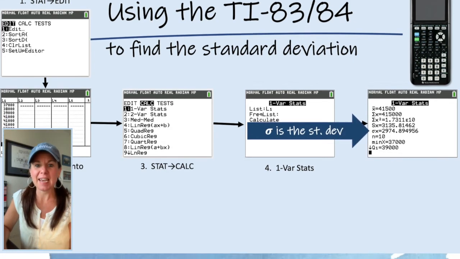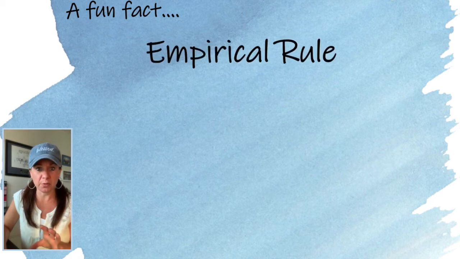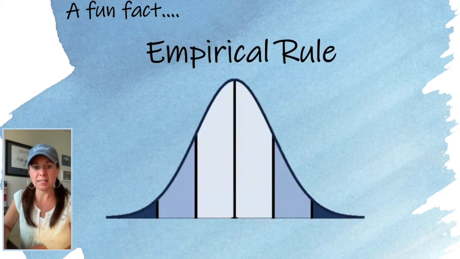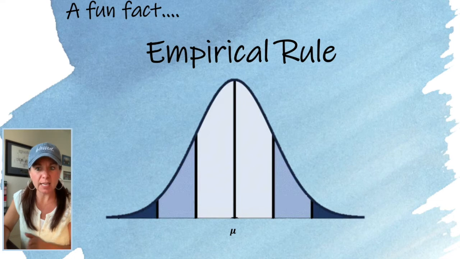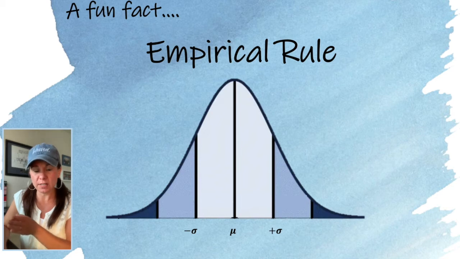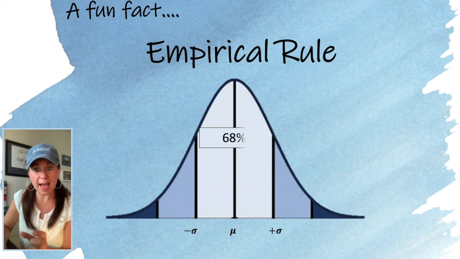All right. Now, here's a fun fact, and it's called the empirical rule. So let's say you have a symmetrical distribution, a bell-shaped distribution, which means right in the middle of that is your mean. Okay, if you go one standard deviation lower and one standard deviation higher, then you actually know that you have just about 68% of the data.